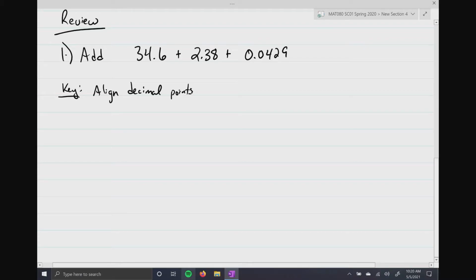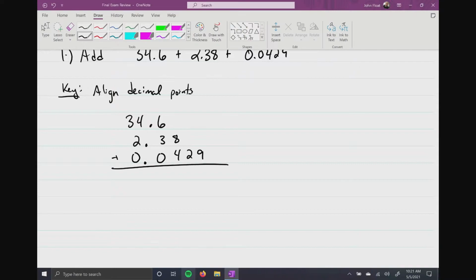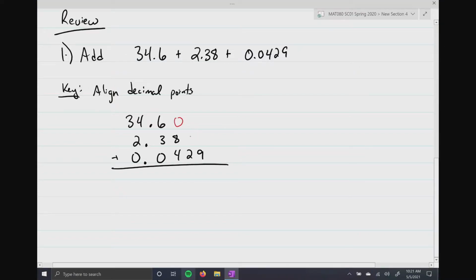All right, so 34.6, 2.38, and 0.0429. So from here, I'm going to go ahead and fill in the blanks with zeros. And now I just add. So I get a 9, 2, 8 and 4 is 12.